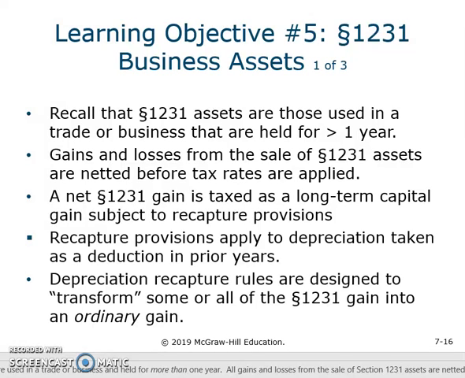The recapture provisions apply to depreciation taken as a deduction in prior years. The depreciation recapture rules are designed to transform some or all of our 1231 gain, which is a long-term capital gain, into an ordinary gain that's taxed at the regular tax rate for the taxpayer.